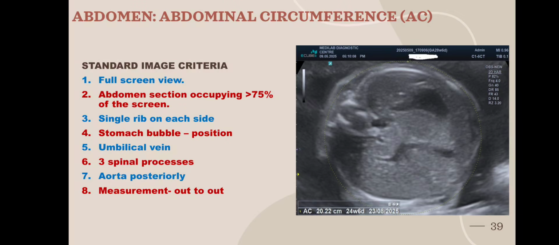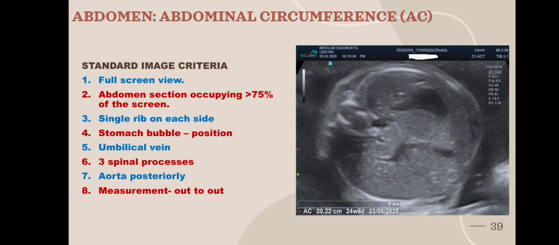Continue with abdominal assessment. Confirm the stomach, J-shaped stomach. Evaluate the bowel appearance. Is there any echogenicity? If echogenicity is equal to the bones, this will be called echogenic bowel.